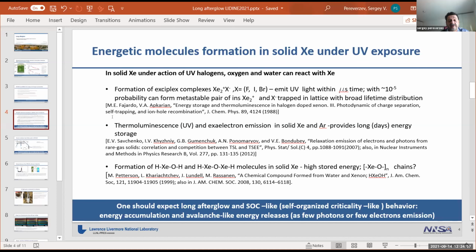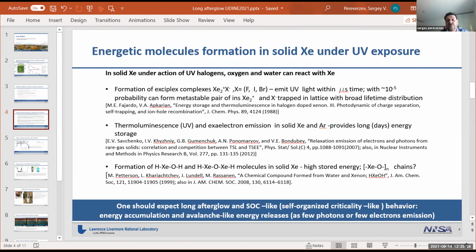It has a short lifetime, below a microsecond in solid, and emits light. But with a probability of about 10 to the -5, it can form a pair of ions, xenon 2+ and fluoride minus, which sit next to each other in the lattice. And this object can have quite a large spread of lifetime and can emit light and an electron later.